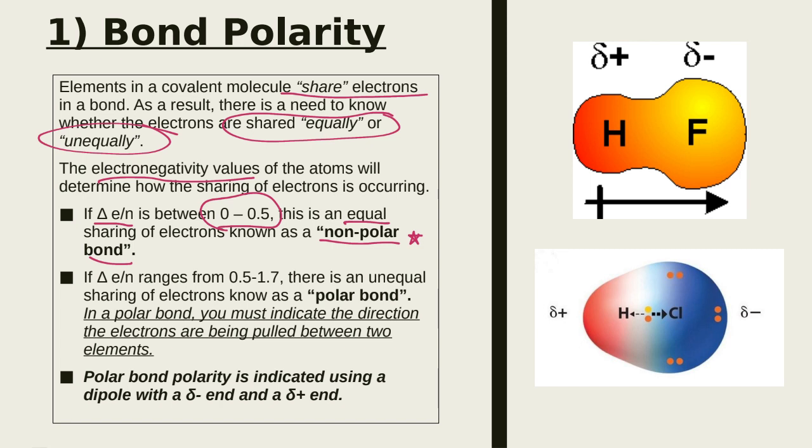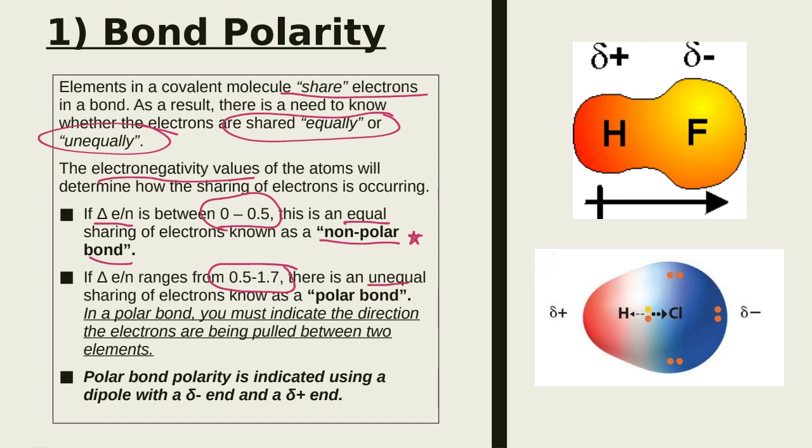If you do your math and you get a difference in electronegativity that falls in the range of 0.5 to 1.7, this is telling us that the electronegativity values for your atoms are not similar. One atom has a much higher value than the other and will have more of an attraction for electrons in the bond.